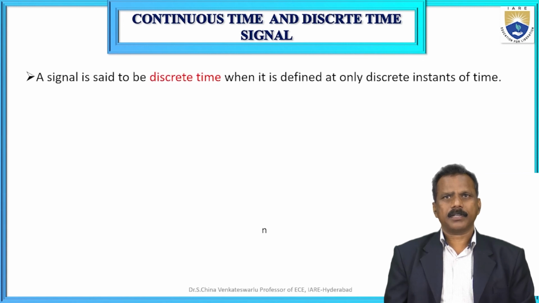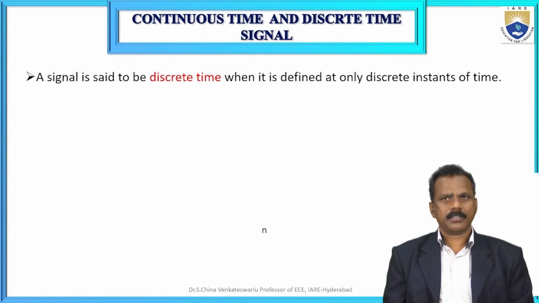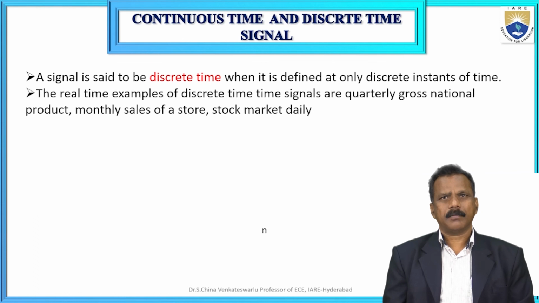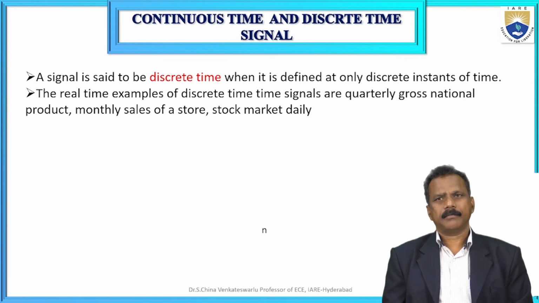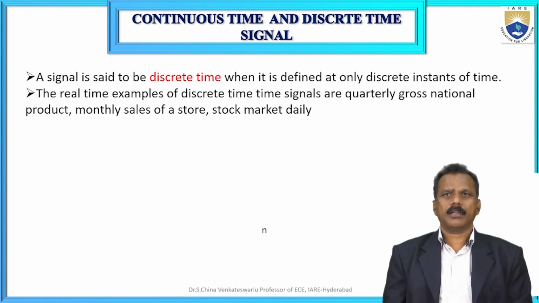A signal is said to be discrete time when it is defined at only discrete instants of time. How is the discrete time identified? Real-time examples of the discrete time signals are quarterly gross national product, or monthly sales of the store, stock market, daily, weekly or monthly, and so on. All numerical or graphical estimation: a signal is said to be discrete time when it is defined at only discrete instants of the time.